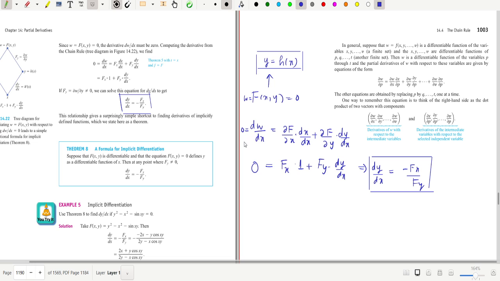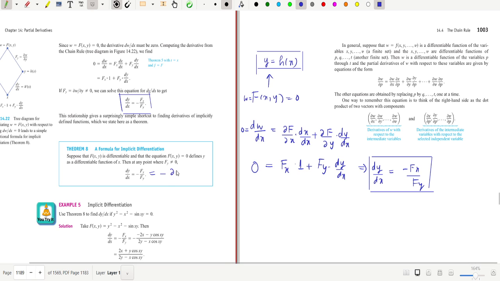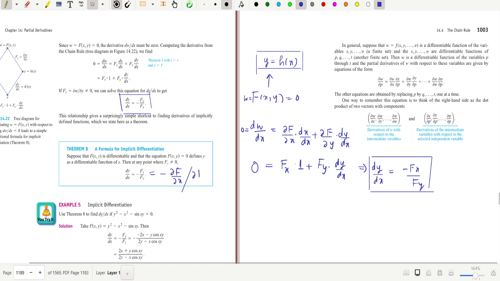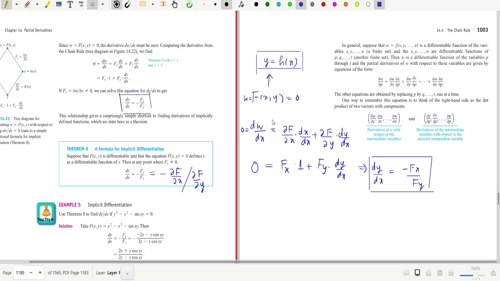So this is the formula for implicit functions, and it is an application of partial derivatives. In the case of finding the total derivative of y with respect to x, that can be obtained using these partial derivatives, by using the formula dy by dx equal to minus f_x by f_y. So minus f_x is minus the partial derivative of f with respect to x, divided by the partial derivative of f with respect to y. So this is the formula for the implicit derivative.